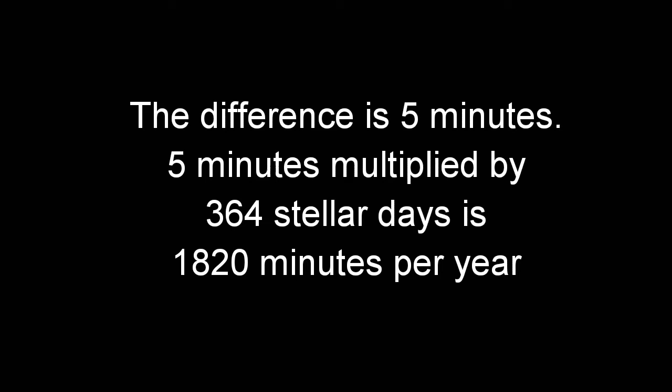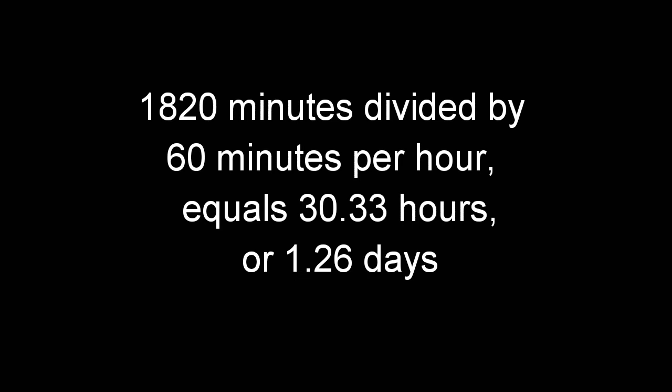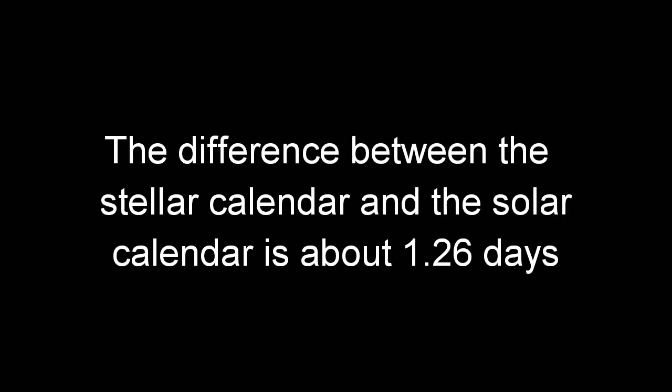5 minutes multiplied by 364 stellar days is 1,820 minutes per year. 1,820 minutes divided by 60 minutes per hour equals 30.33 hours, or 1.26 days. The difference between the stellar calendar and the solar calendar is about 1.26 days.